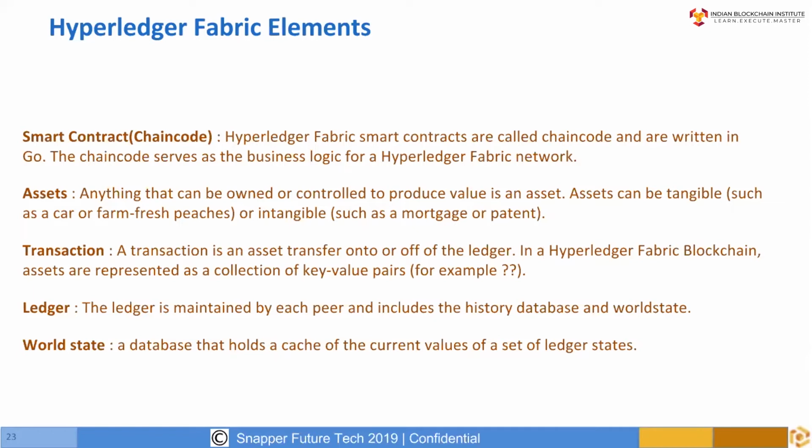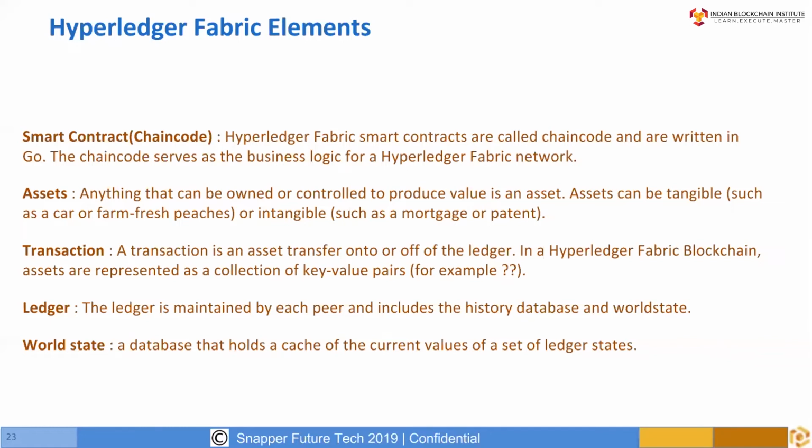An asset can be tangible, such as a car or farm fresh produce, or intangible, such as a mortgage or patent. In a smart contract, you have to define your asset. For example, if you are creating chaincode for a supply chain use case, your asset could be a vehicle going from the manufacturer to the distributor to the showroom or the dealer.